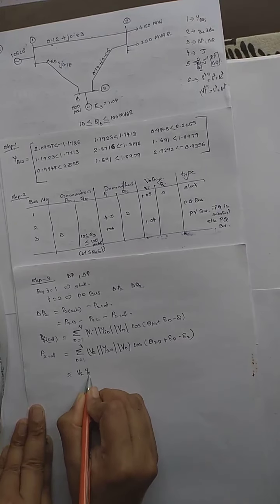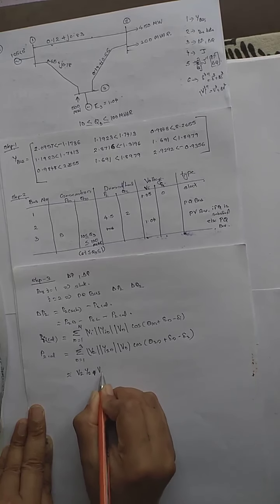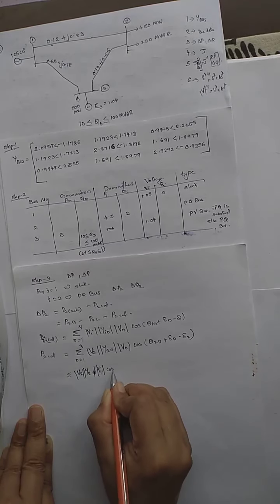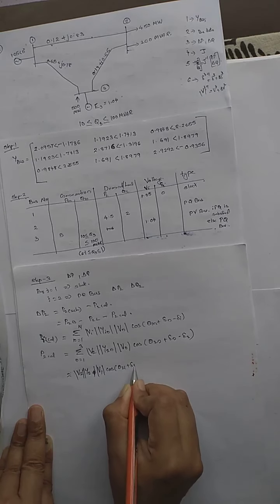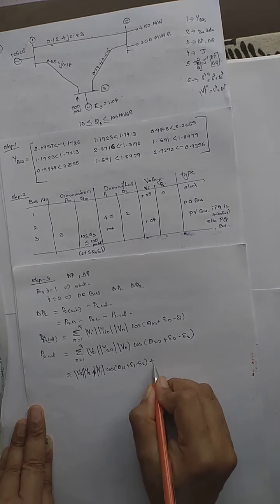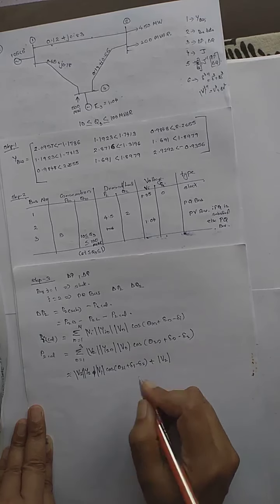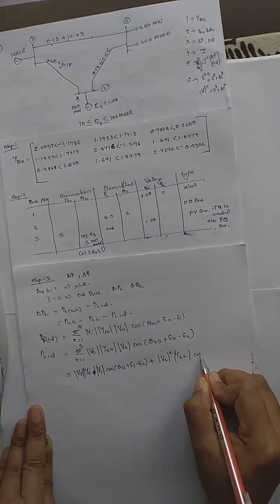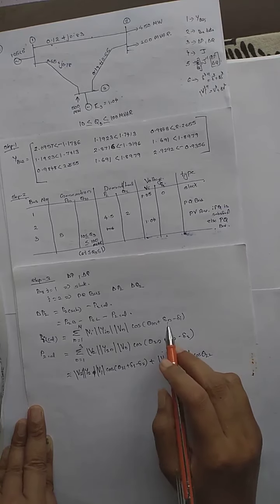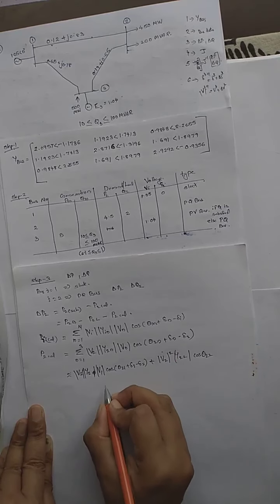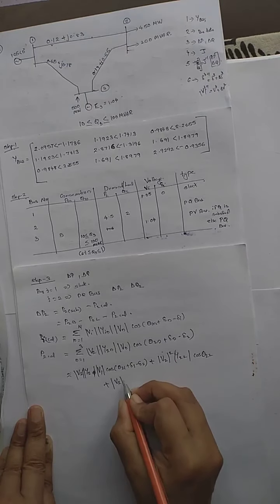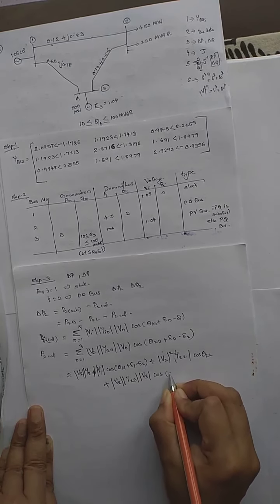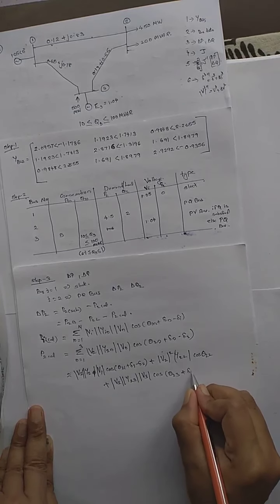So V2 y2n, that is y21 V1: V2 y21 V1 cos of theta 21 plus delta 1 minus delta 2, plus V2 into V2, V2 square y22 into cos theta 22, because delta 2 minus delta 2 will be 0, plus V2 into y23 V3 cos of theta 23 plus delta 3 minus delta 2.